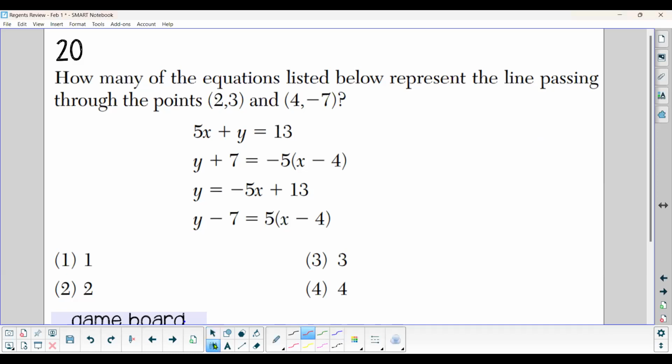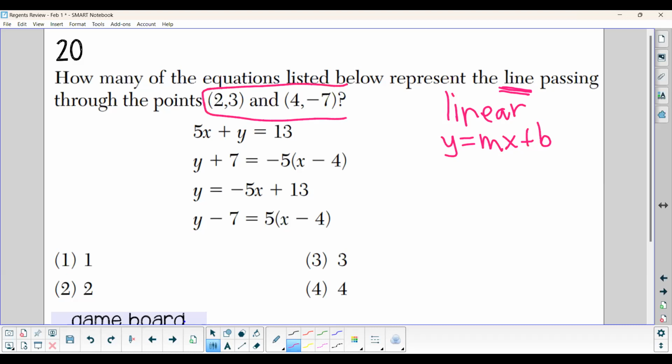All right, hint number 1. If you're not sure what to do, look carefully at the question here. It states that this is a line. So anything that is a line is linear. And anything that's linear, right, can be written as this type of equation. So these 2 points make an mx plus b line.